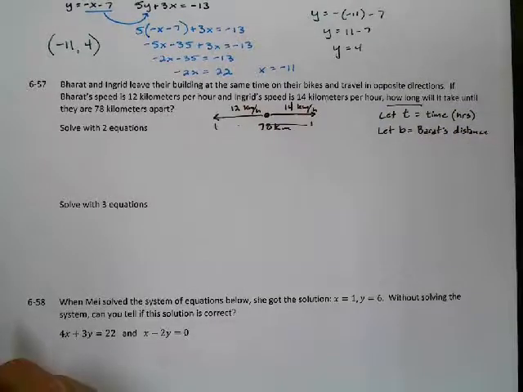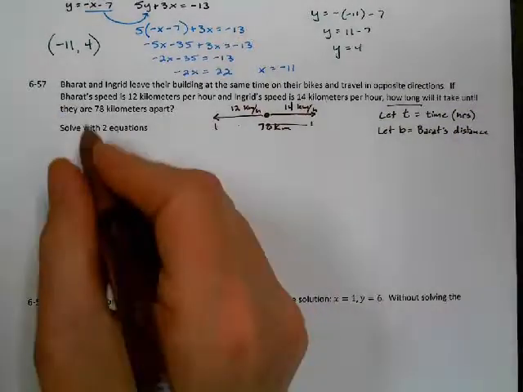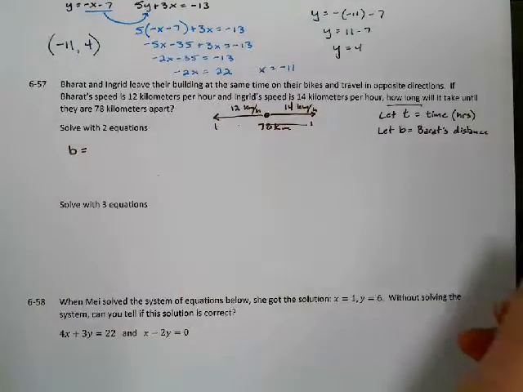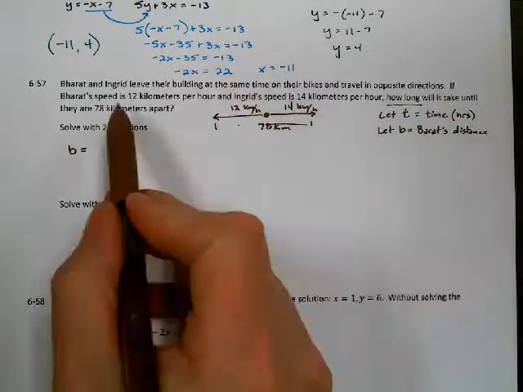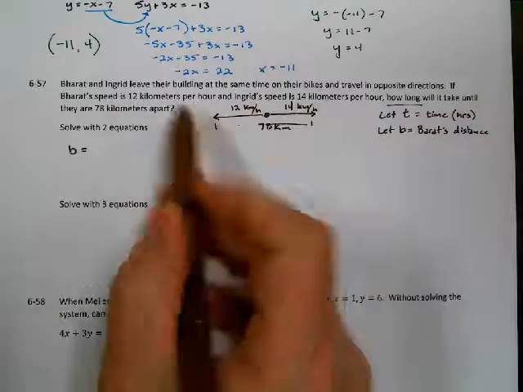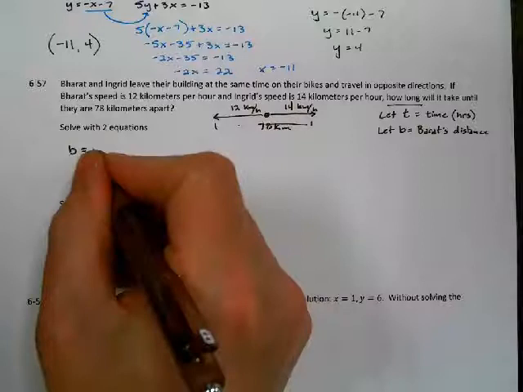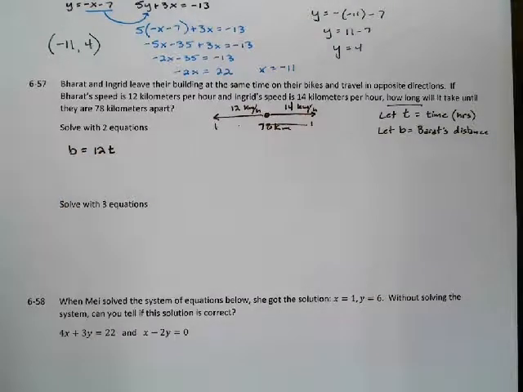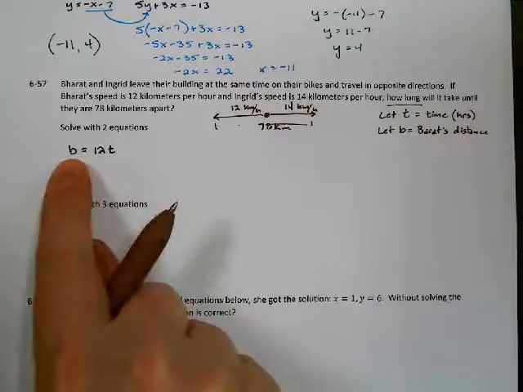I know that Bharat's distance, B, will be equal to, his speed is 12 kilometers per hour, so it's distance equals rate times time, so his rate is 12, times the time. So that's pretty straightforward. We're going to do his distance equals 12t.